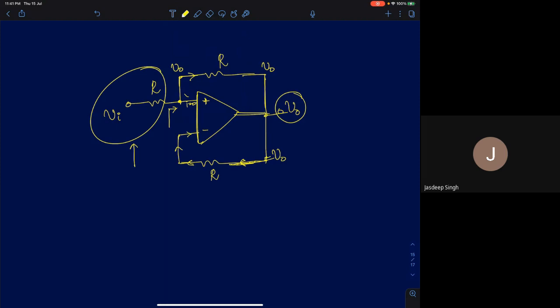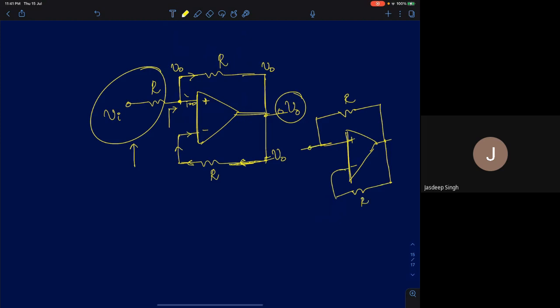Previously, just to refresh your memory, I had discussed circuits like this where we tried to find the looking-in impedance, and I said using Miller's theorem you can say it is R by 1 plus A, and if A tends to infinity, the impedance seen here will be 0. But now in this circuit, we are finding the impedance at the non-inverting terminal. It's fed back at this point, and there is a strong negative feedback on the inverting terminal.